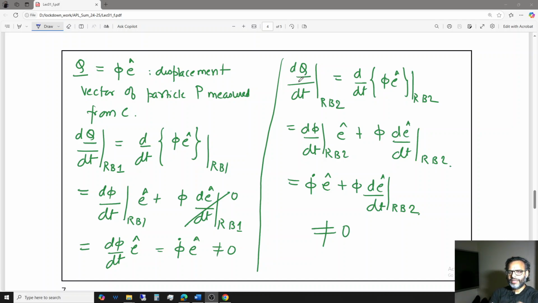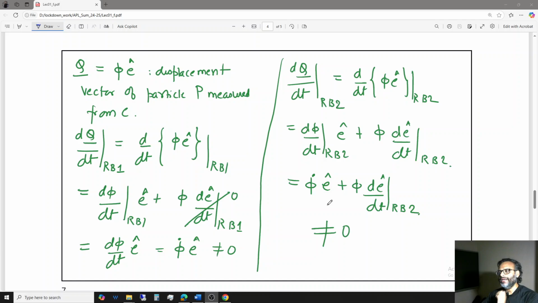I raise the question, what is the rate of change of q as observed by u, who is sitting on RB2? For that we will start with this expression, apply product rule of differentiation, and then we observe that the second term, which involves rate of change of E hat with time, but here it is with respect to RB2, does not vanish.